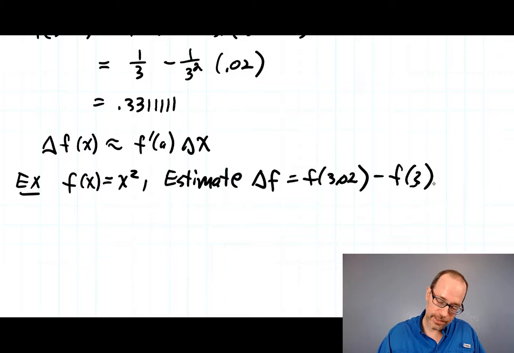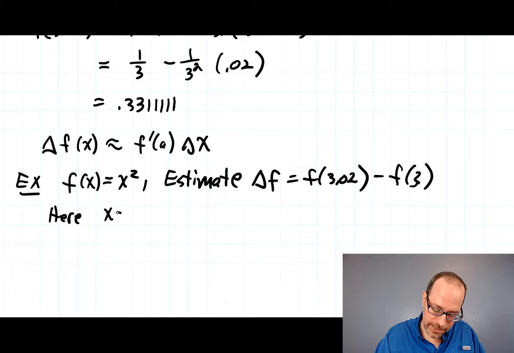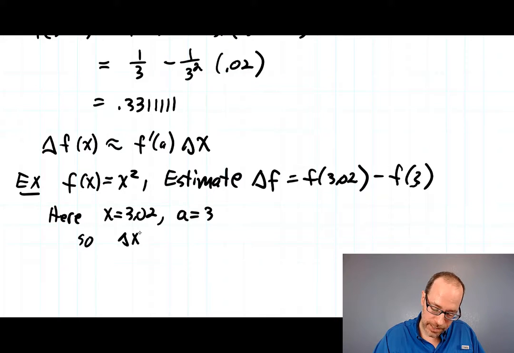Okay, so in this setup, here, the x is 3.02 again, and the a is 3. So the delta x will be 3.02 minus 3, so just a 0.02.